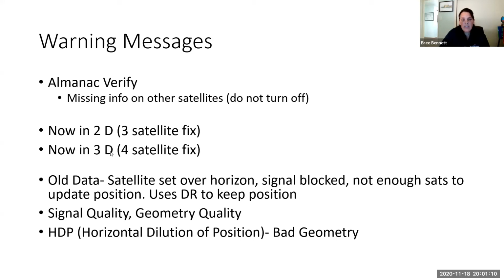Now 2D and 3D: 2D is going to be your 3 satellite fix, and 3D is going to be your 4 satellite fix. The difference between the two is that the 3 satellite fix is enough to establish 2 potential points, either inside the Earth, on the Earth, or above it. 3D is enough to satisfy that there's only 1 point.